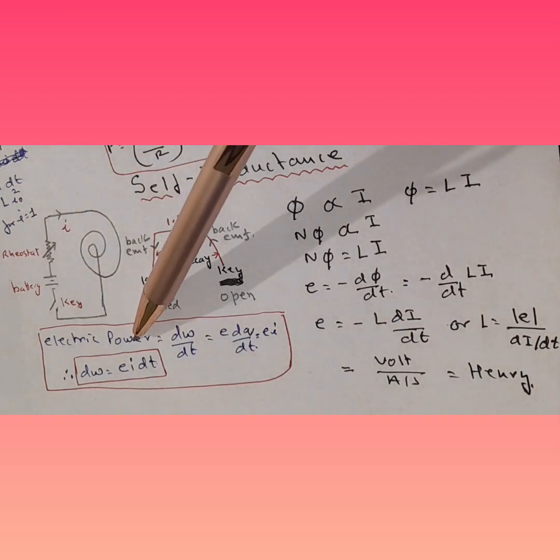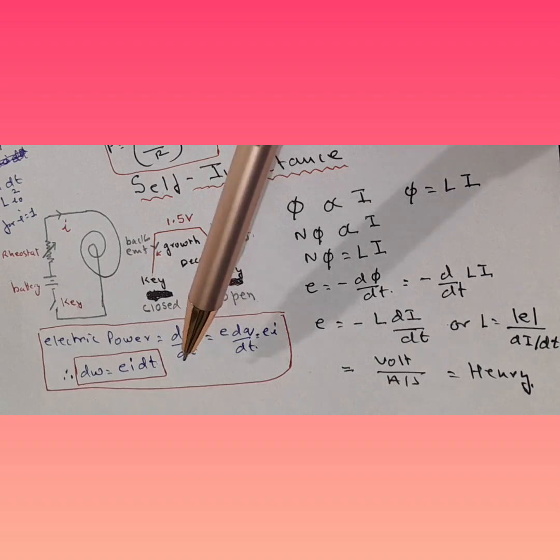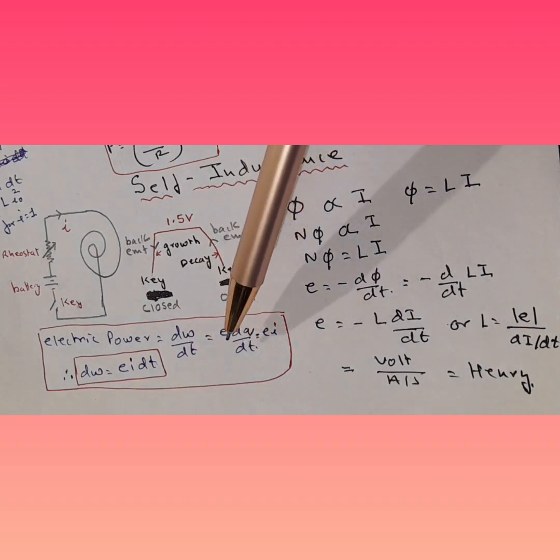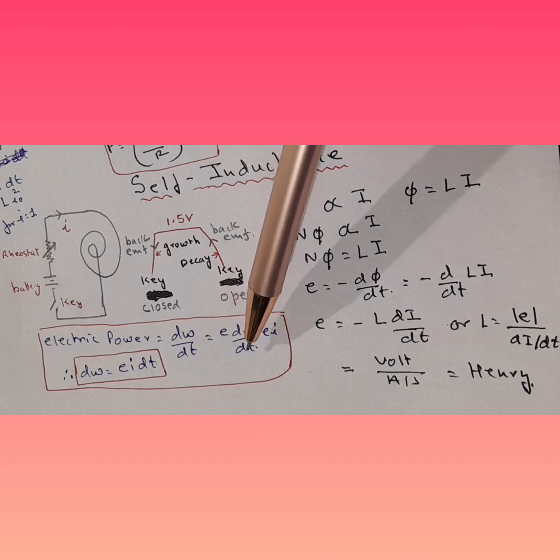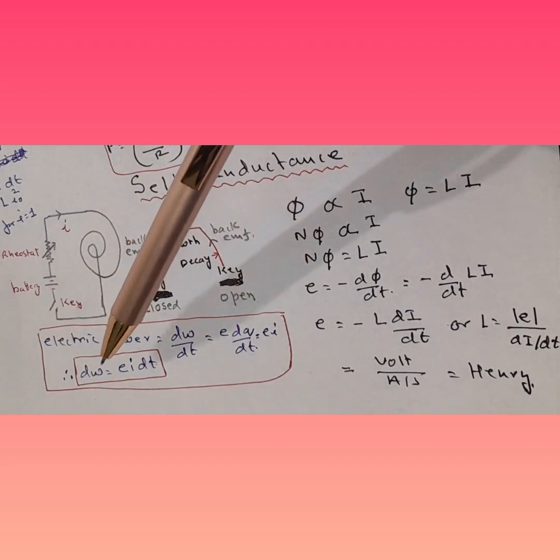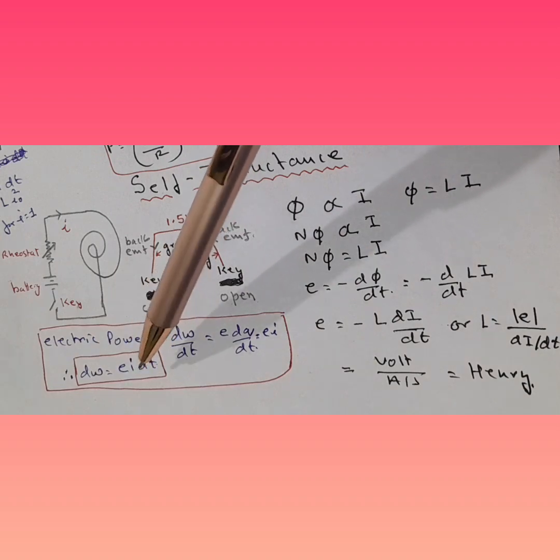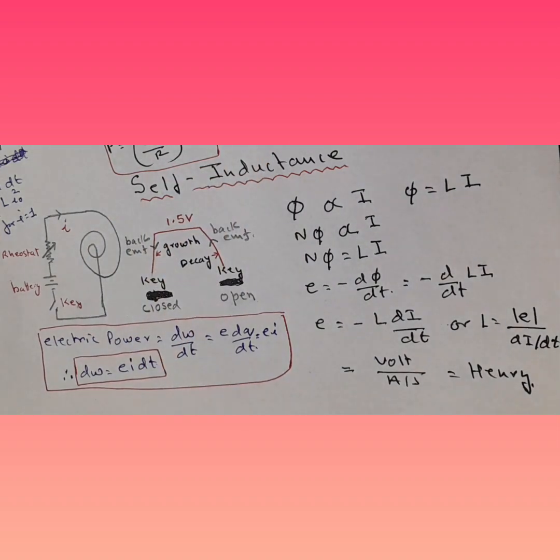Now electrical power is equal to dW by dt, which we saw right now, which is equal to E dq by dt, which is equal to EI. So dW is equal to EI dt. This we derived right now.